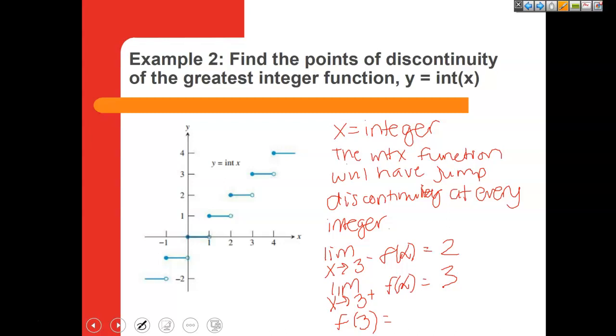Is this function left-hand continuous or right-hand continuous? It's right-hand continuous because the limit as x approaches 3 from the right equals f of 3. So this is what we call right-hand continuous. And it's actually right-hand continuous at every integer.